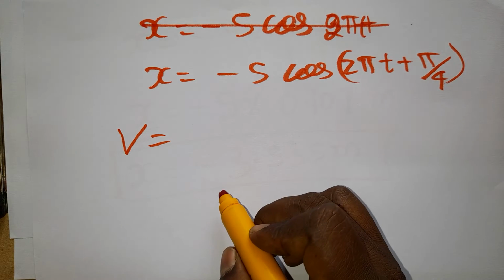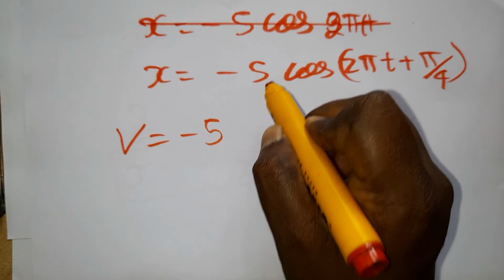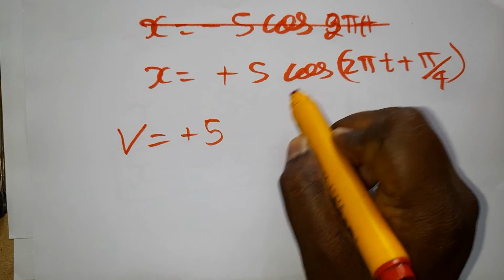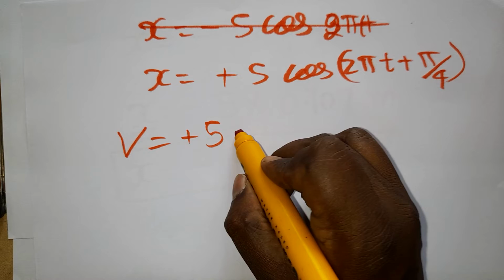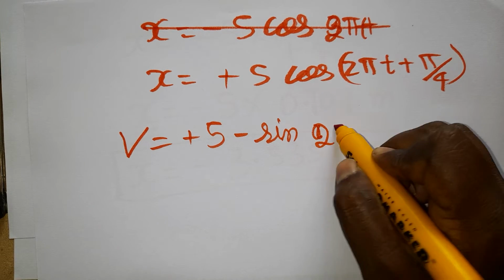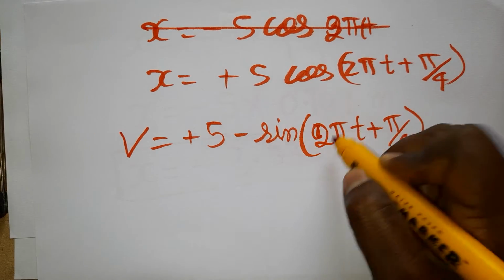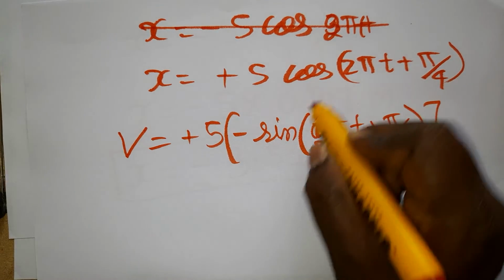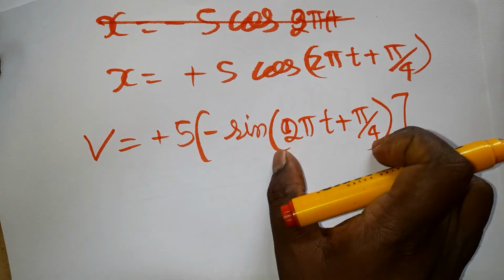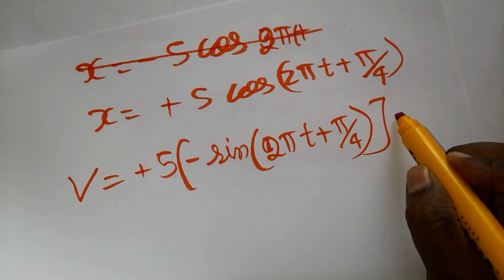If you differentiate this equation, you will get plus 5, since cos differentiation gives a minus sign, sin(2πt + π/4). The 2πt differentiation will be 2π.